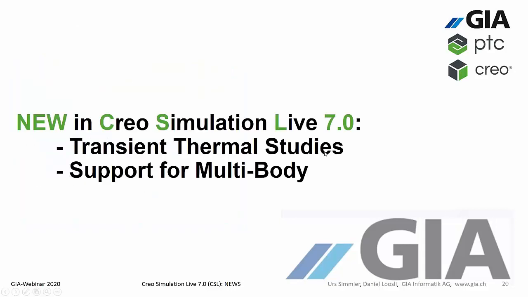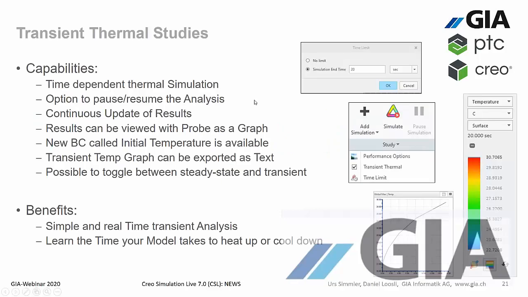Okay, then let's see what's coming new in Creo Simulation Live 7.0. There are new capabilities. Now we are able to analyze transient thermal behavior. That means over time I can see heating up and cooling down effects. So quite a big story here.